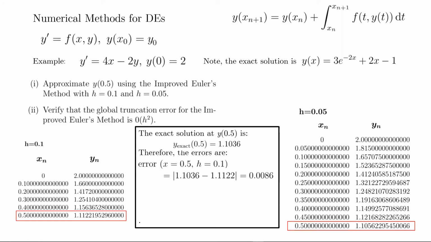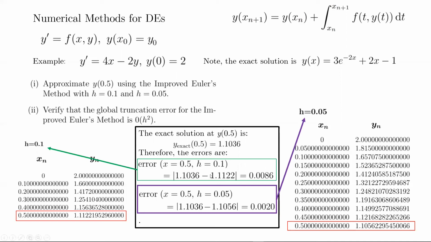Okay, so the error for step size h equals 0.1 is the exact solution, 1.1036, minus the numerical solution, 1.1122, which is 0.0086. If I halve the step size, the error at h equals 0.05, the exact solution minus the numerical solution, is 0.002. So you can see it's roughly 4 times smaller.